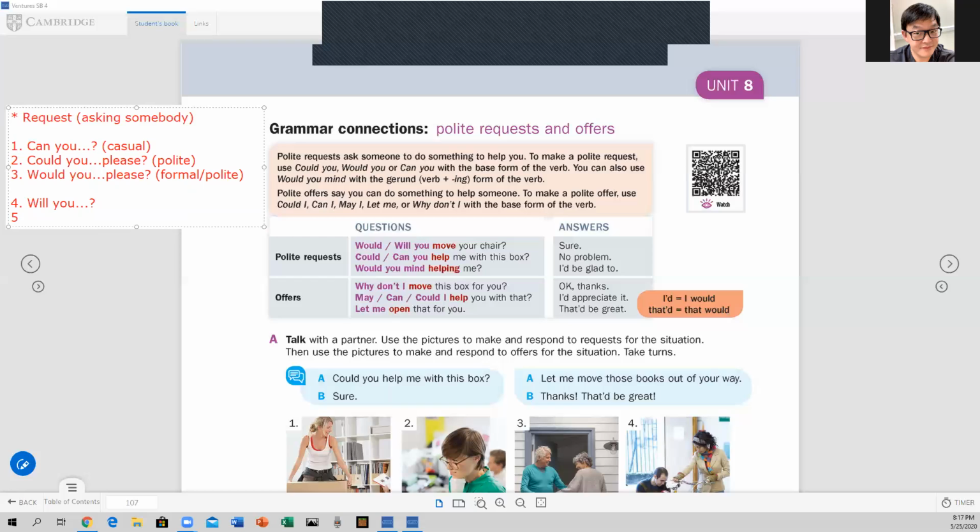And would you mind? And this is important. Would you mind? It always has a gerund after that. Would you mind plus verb plus ing. Okay, so these are the requests that we learn.